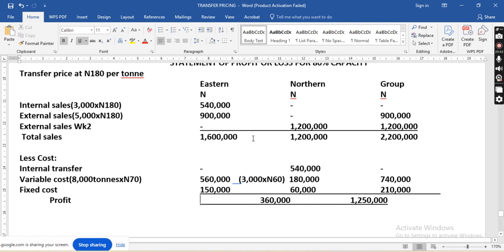So when you add this together, all this will change. 1,440,000 for Eastern. Then the group will also change. When you add this, it is 2,100,000.